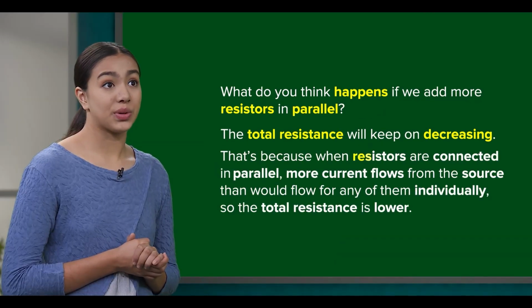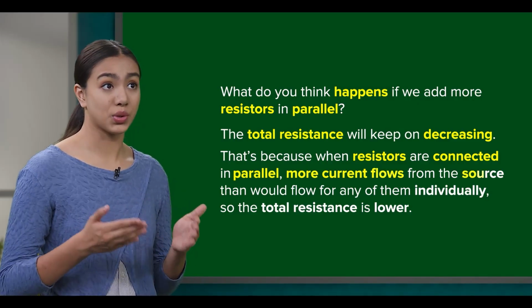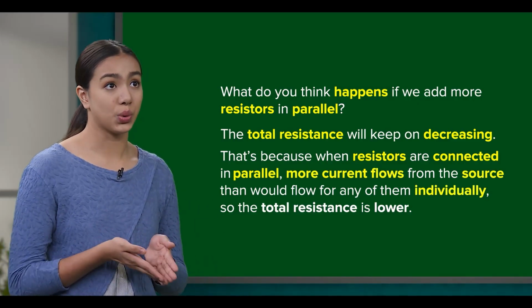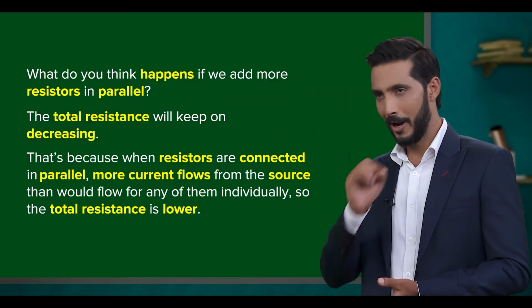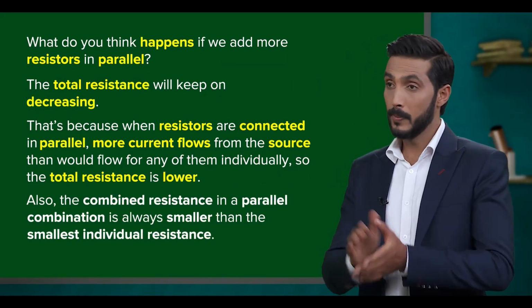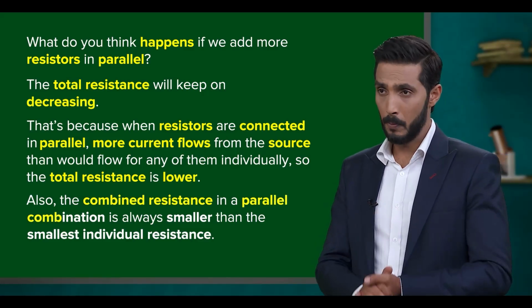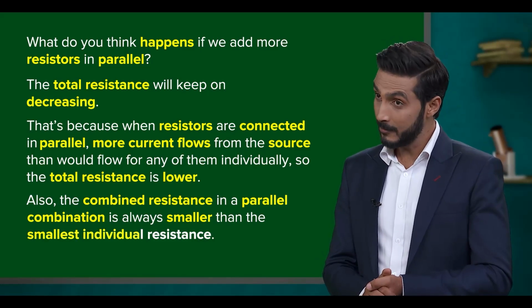That's because when resistors are connected in parallel, more current flows from the source than would flow for any of them individually. So the total resistance is lower. You are right. Also, do remember that the combined resistance in a parallel combination is always smaller than the smallest individual resistance.